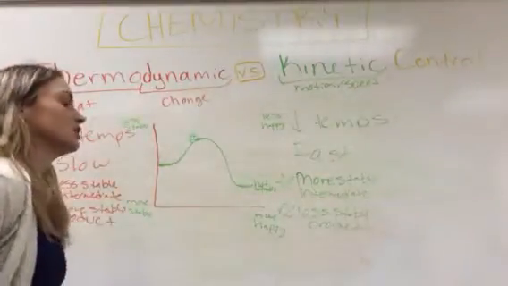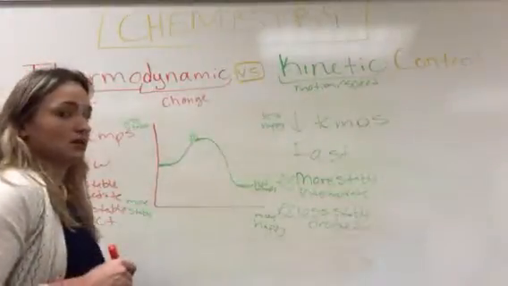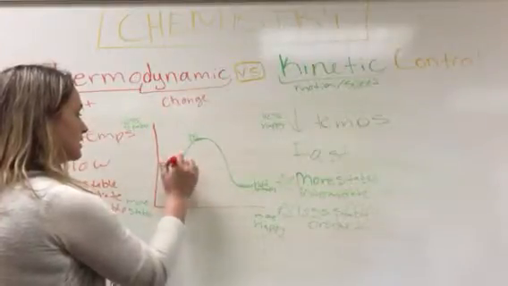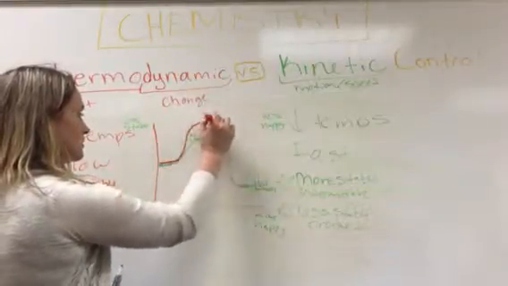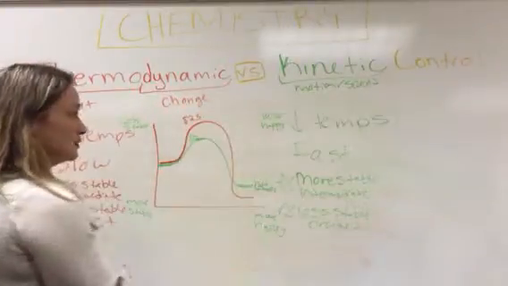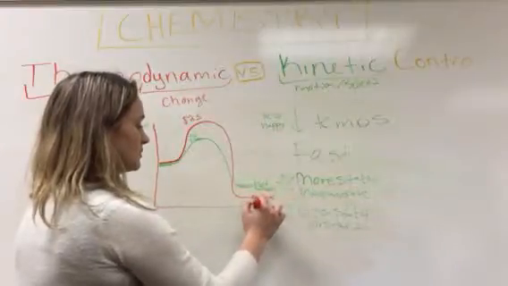And I'll show you how that looks different from the thermodynamic product. So let's say you waited 4 weeks, you waited a whole month, and you saved up $25 and you bought that remote control car. So you started at the same spot, but you went all the way up here and all the way down here. So this is the $25 you had to spend, and this is your remote control car. That's what these lines represent.